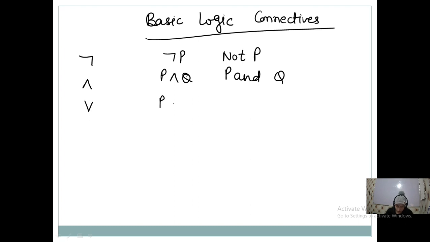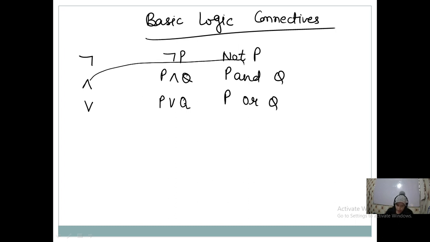When we say out of two propositions, one proposition is true or the other is false, or both are false, or both are true, or one false and the other true, then we use this symbol, disjunction. It represents or.